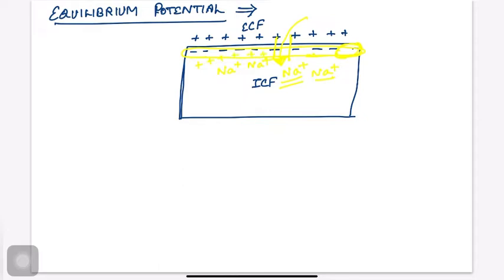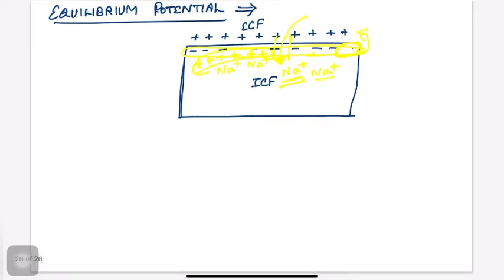So as positive charge develops inside, the influx of sodium is repelled by these positive charges. This membrane potential at which the electrical gradient cancels the chemical gradient is called the equilibrium potential.